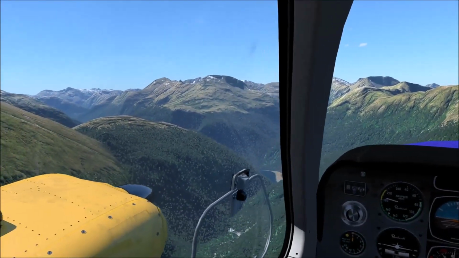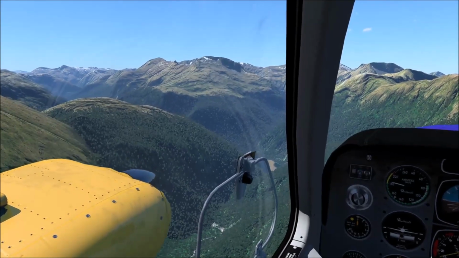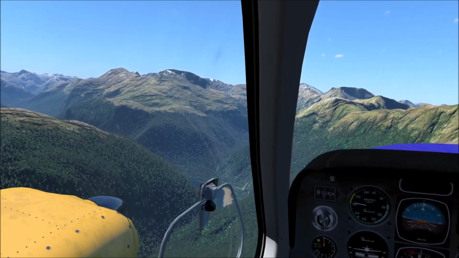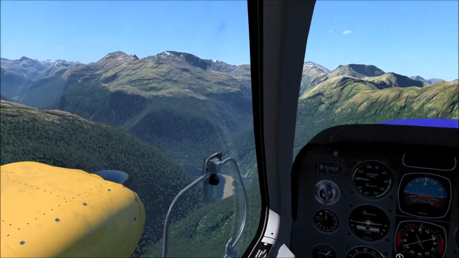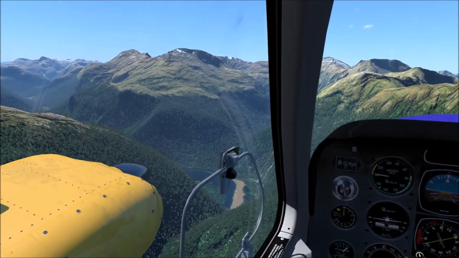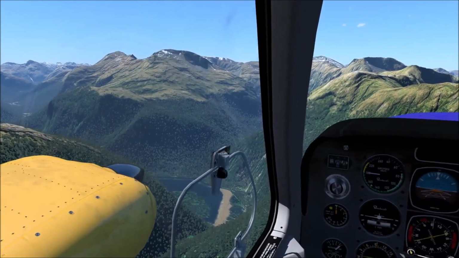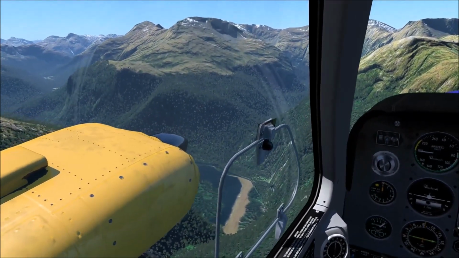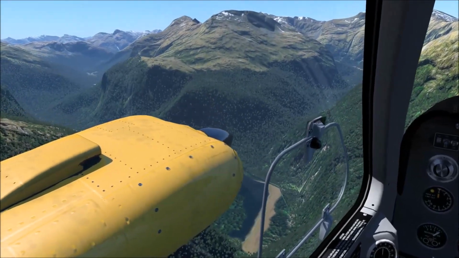So, just down there, well, that was the airport, and I think that's still got a runway by the look of things. As I mentioned, this is my first test flight since the conversion, so it's kind of like beta testing my own work, even though I have released it already.